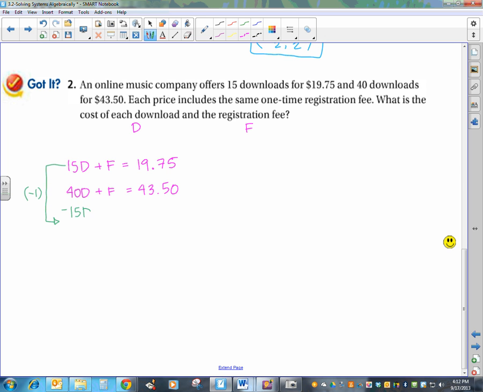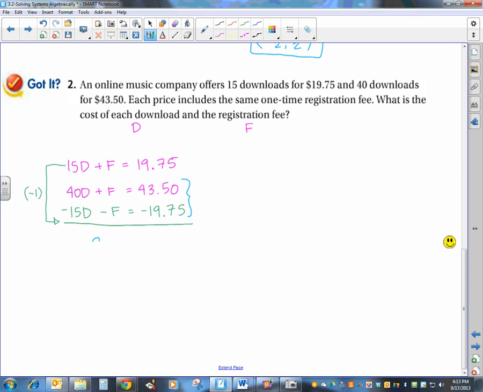So I have -15d minus f equals -1975. And so I'm going to combine these two. So I multiplied by a constant to make my coefficients opposites, and now I'm combining the two of them.